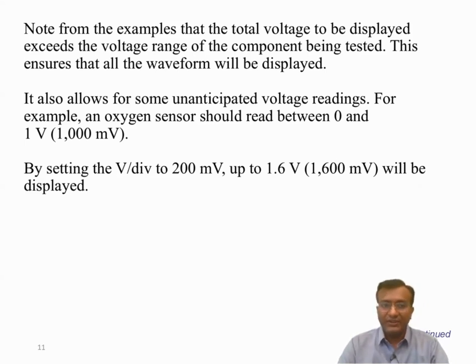This oscilloscope is an invaluable tool for visualizing and analyzing the electrical signals in these automotive systems. Understanding how to set the time base, volts per division, and interpret the display grids helps us in diagnosing components such as throttle position sensors, fuel injectors, and ignition coils effectively.